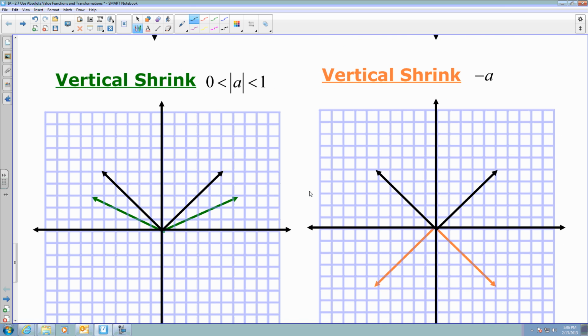If I look down here, this green graph is a representation of a vertical shrink, where my a is in between 0 and 1. And my last graph here shows the reflection over the x-axis. So this one here is y equals absolute value of x, and this one here is y equals a negative absolute value of x. Okay?